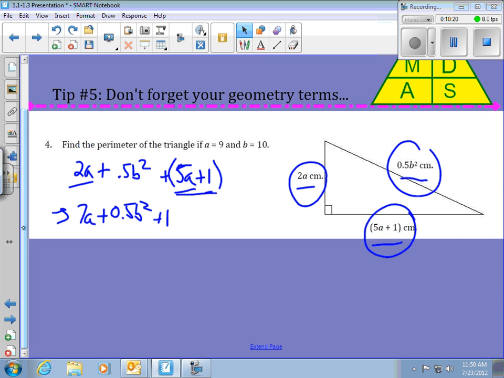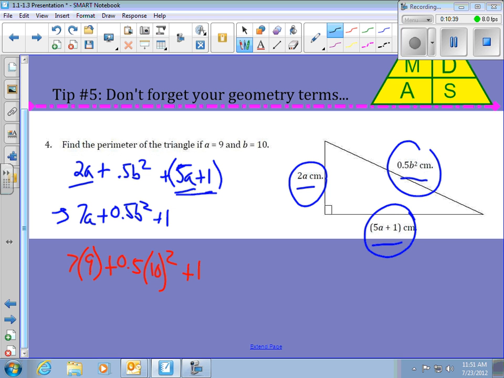So I'm going to say that 7 times A, which is 9, plus 0.5 times B squared. B is 10, so that's 10 squared, plus 1. So that's order of operations.